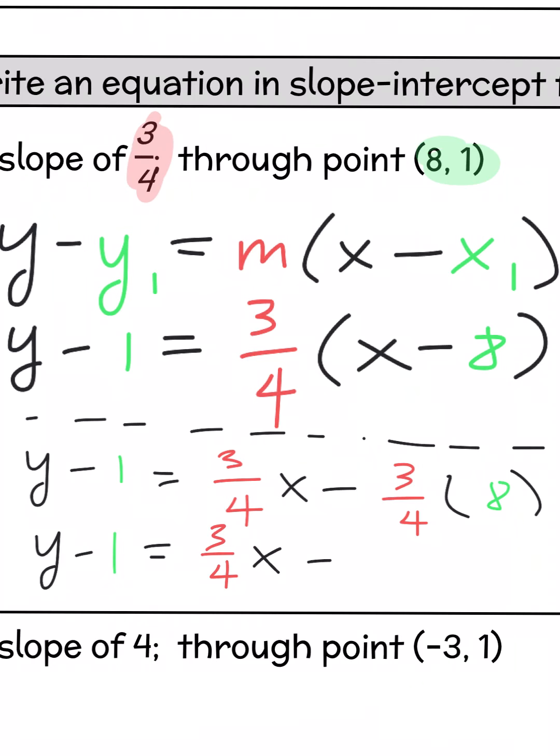So 8 times 3 is 24. 24 divided by 4 is 6. The next step I need to do is combine like terms. So I need to add 1 here, add 1 to this guy here.